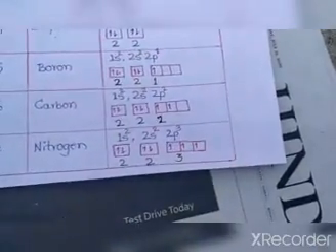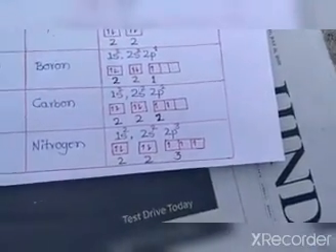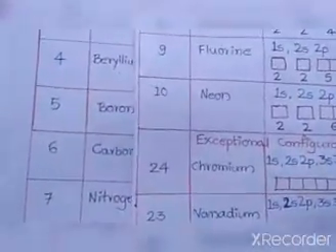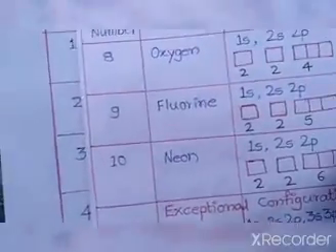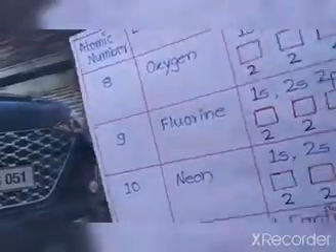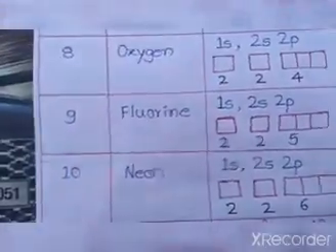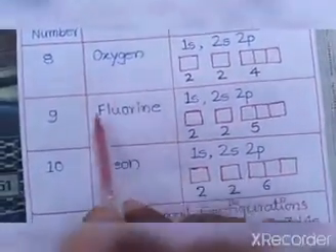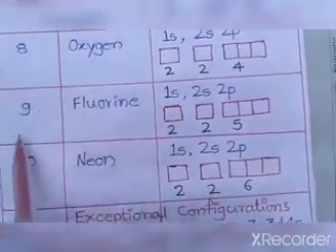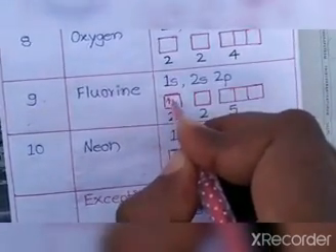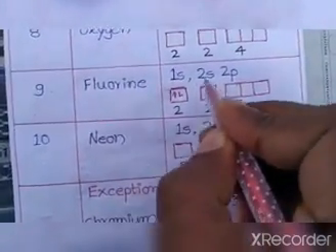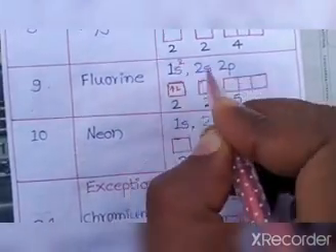Okay, next, we have already seen oxygen, atomic number 8, and then we will see fluorine. The fluorine atomic number is 9, the number of electrons is also 9, and here the first electron is filled to 1s, the second is also 1s, then it is 1s2.